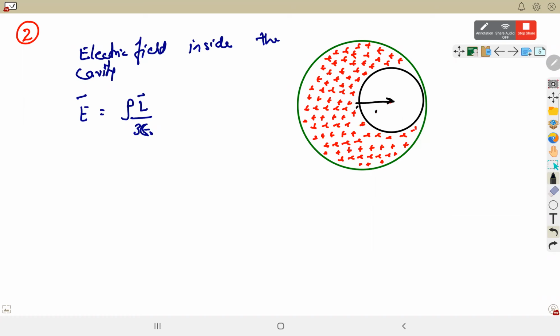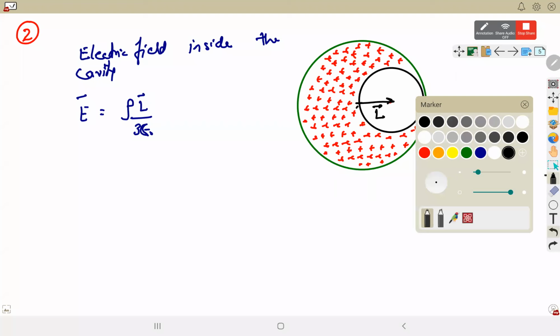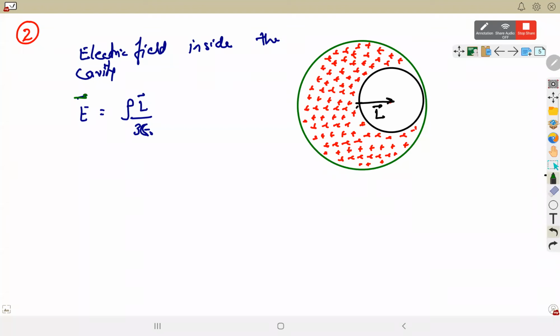So in this case, that vector will be L. If there is a cavity inside any non-conducting solid sphere, in that cavity the electric field was uniform, and that uniform electric field is given as rho into L by 3 epsilon naught.